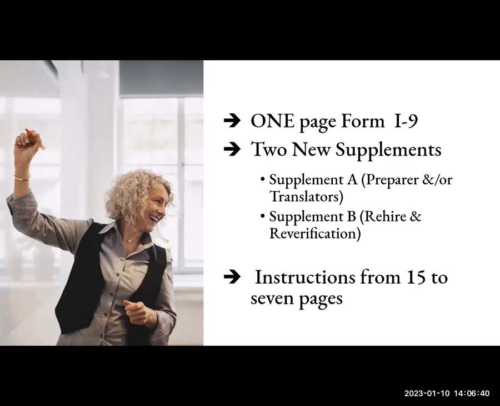And then there are 2 new supplements that are going to take care of the preparer and translator piece, and Supplement B, the rehire and verification. We're going to go through all of that. And the instructions are going from 15 pages to 7 pages. So for those of you that like these changes, I think this is kind of the highlight of what we're going into. Okay, next.